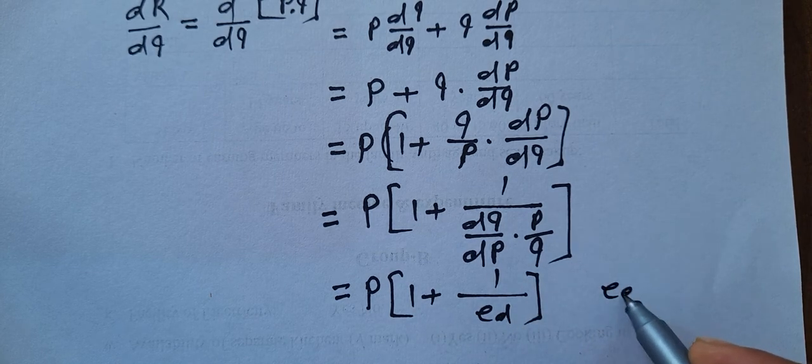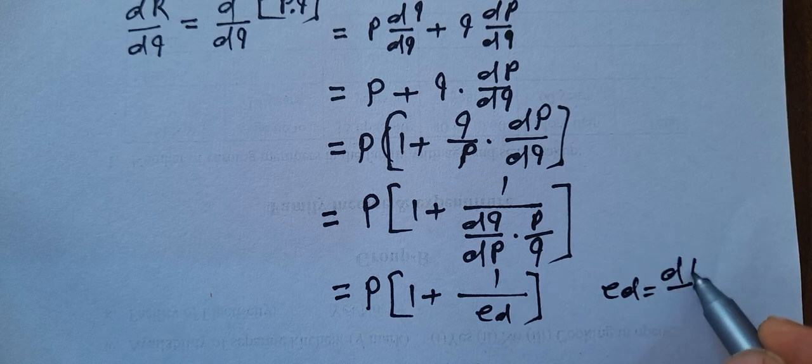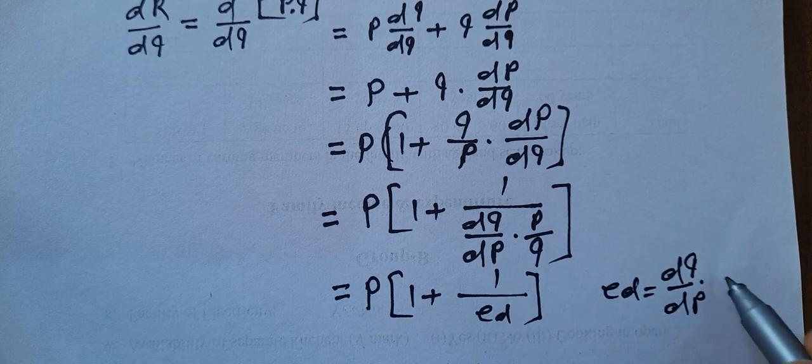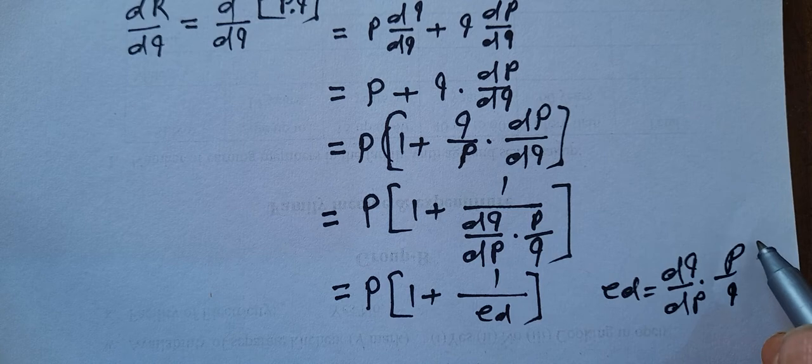Here ED is equal to dQ by dP dot P by Q.